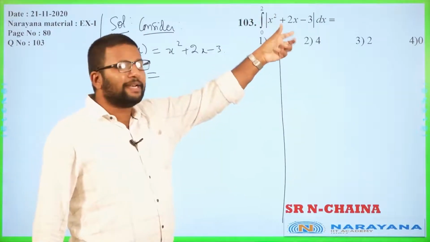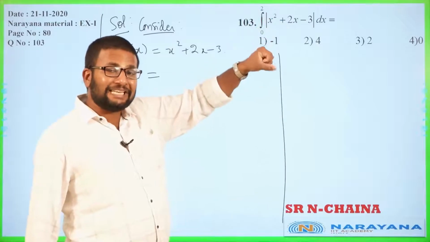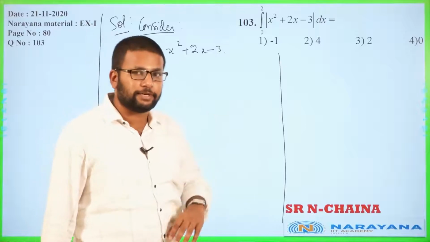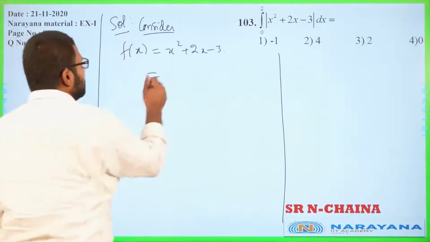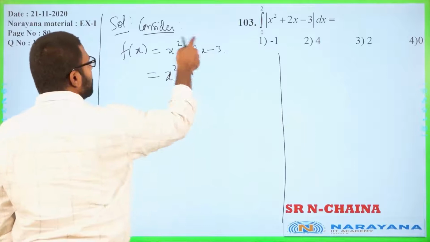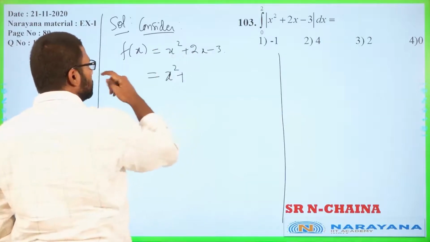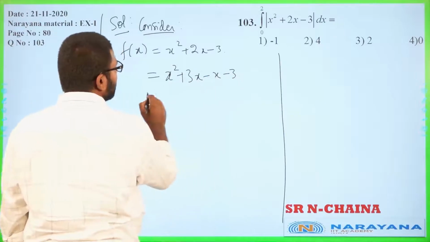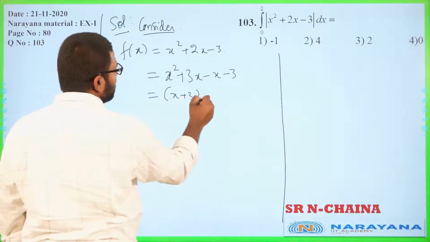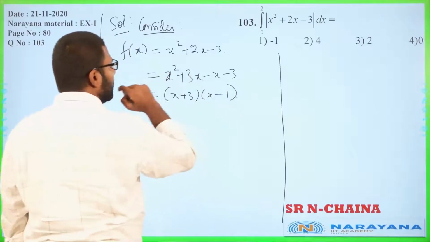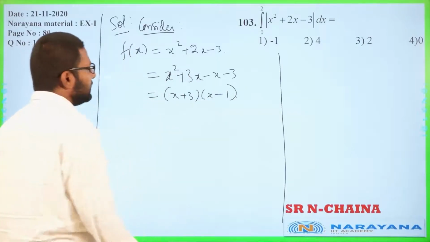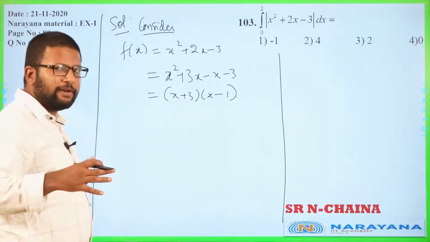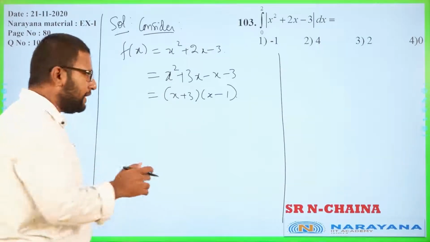If the roots are, let us say, 1 and 2, then it will change its sign at x equal to 1 and x equal to 2, because there it will go from negative to positive or positive to negative. So here x square plus, clearly the product needs to be minus 3, sum needs to be plus 2. So x square plus 3x minus x minus 3, which then becomes (x plus 3) into (x minus 1), right? Now f(x) is this function. Now can you understand where it will be positive, where it will be negative, right?